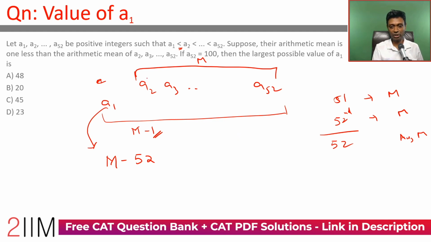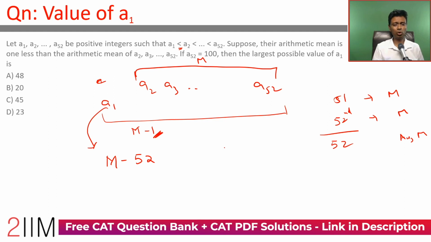Average of these 51 is M, and then you add one more. If that were M minus 52, then from an average of M, you're taking 1 on an average from each of the 52, the average would become M minus 1.